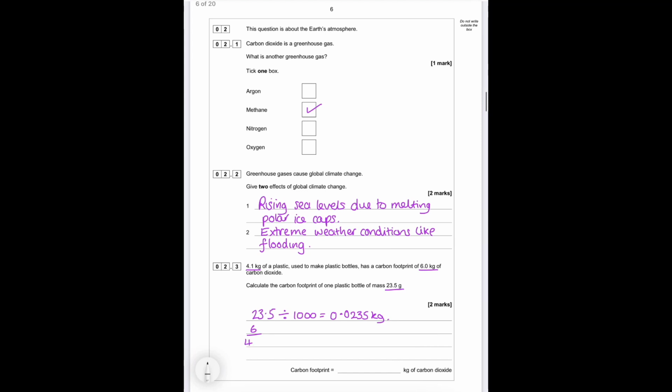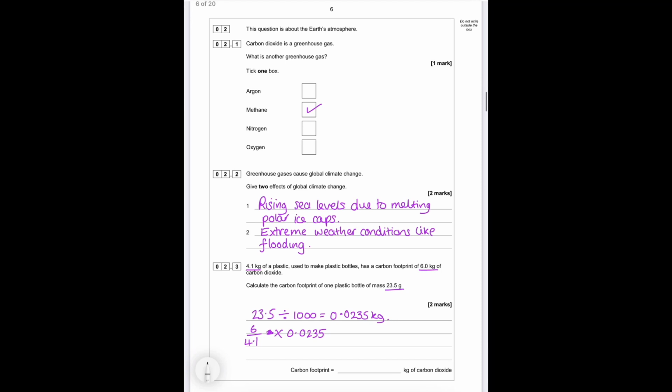So if 4.1 kilograms of plastic has a carbon footprint of 6.0 kilograms, if I did 6 divided by 4.1, that would tell me what the carbon footprint would be for 1 kilogram. Then what I could do is multiply whatever that answer is by the mass of the plastic bottle in kilograms. So that would be 0.0235, and that would tell me the carbon footprint of the one bottle.